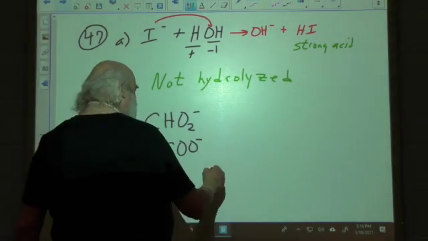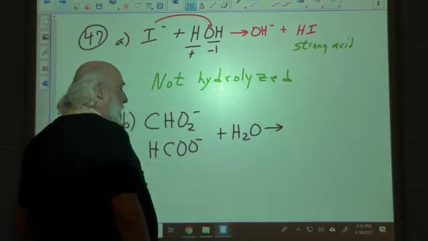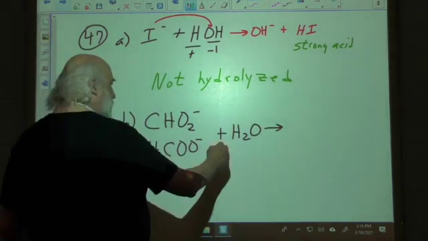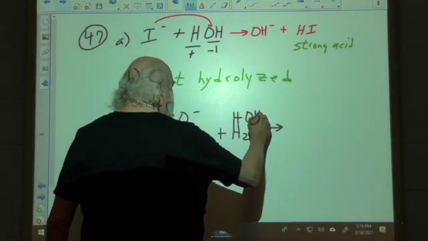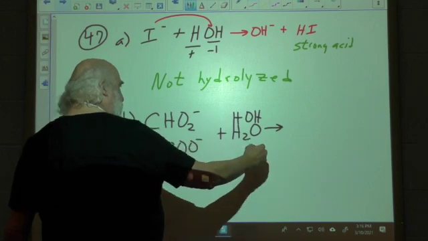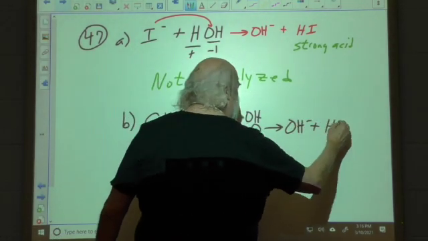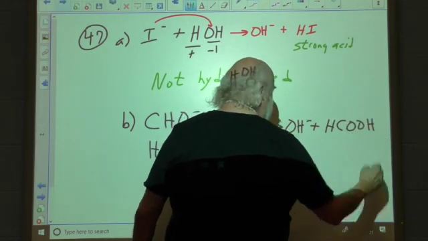We're going to add water to that. Again, hydrogen hydroxide. Hydroxide is negative. This is going to kick that out. The hydrogen is going to join with this. So we've got hydroxide plus HCOOH.